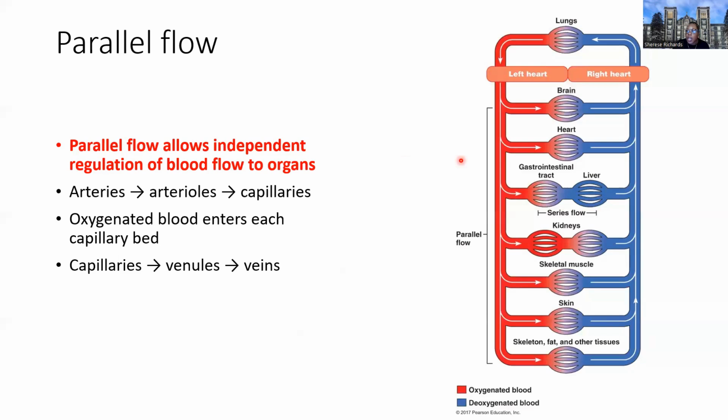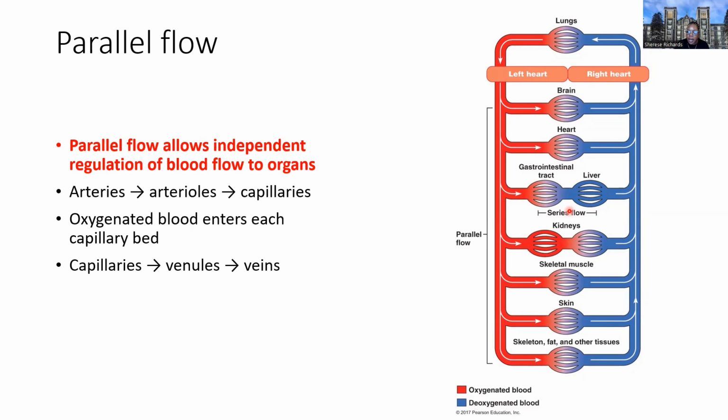And then just to talk about parallel flow here, again, the option that blood can take, and that option is going to depend on your state, right? Your physiologic state, whether or not you're exercising, whether or not you're resting and digesting, the state of the nervous system, the autonomic nervous system. So this is how we can shunt blood depending on demand.